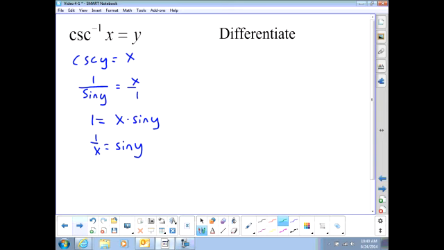Well, we'll now come over here and we'll take the derivative of that. 1 over x, think of that as x to the negative 1. So our derivative will be negative 1 times x to the negative 2, which we will write as negative 1 over x squared. That's the derivative of our left.